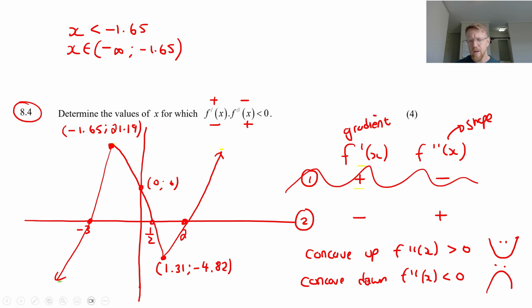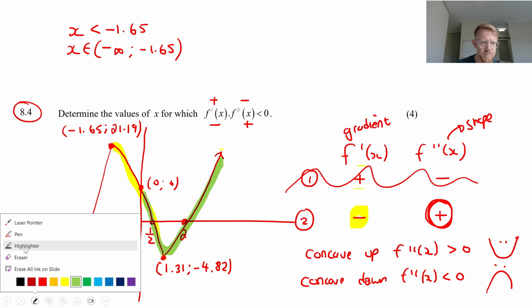So now we are going to go look for areas where the gradient is negative. So that would literally be this piece in the middle here. And we also want to find out where the graph is smiling. So we said the graph is smiling probably somewhere from about there and onwards. So there is a little bit of an overlap. Can you see that?